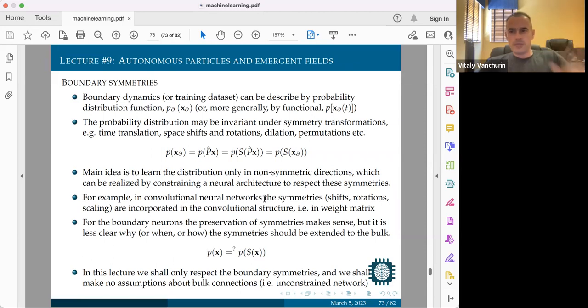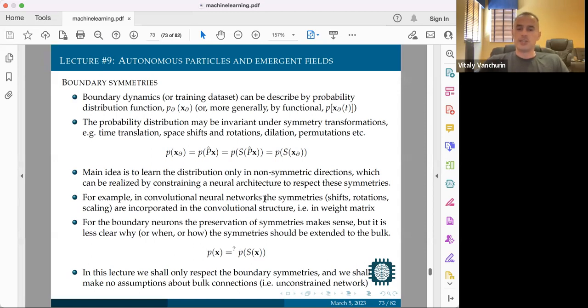Now, for today's lecture and for the results of the research that I'm going to be presenting, the only assumption that is made is that there is some kind of training data set. It has symmetry, and we only want the probability distribution to be invariant under the symmetry of the training data set, or all the boundary neurons.